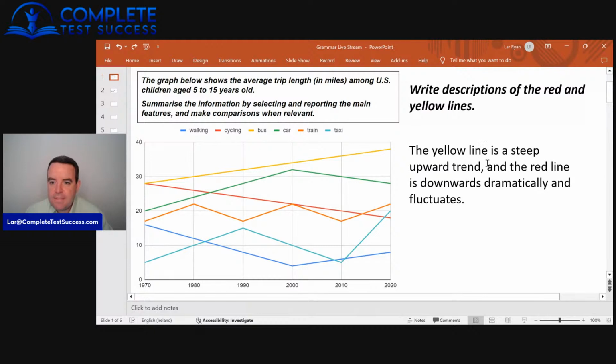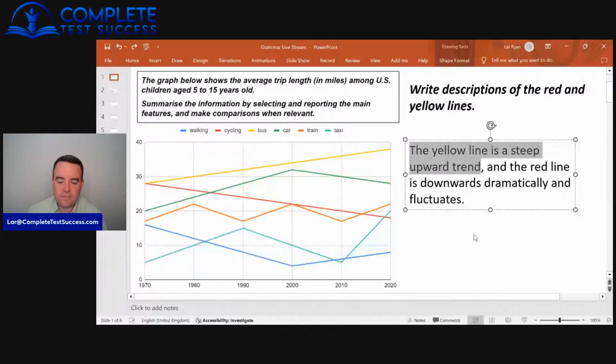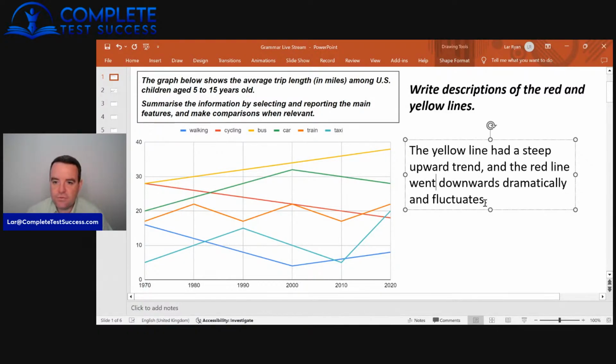Now, one last problem with this part of the sentence is the collocation. This is more of a vocab thing, but we wouldn't say the yellow line is a steep upward trend. We're describing what it has. So the yellow line had a steep upward trend, and the red line, again, went downwards dramatically.